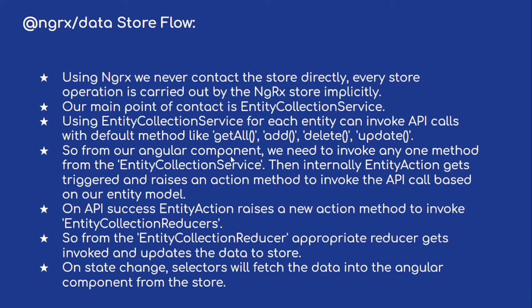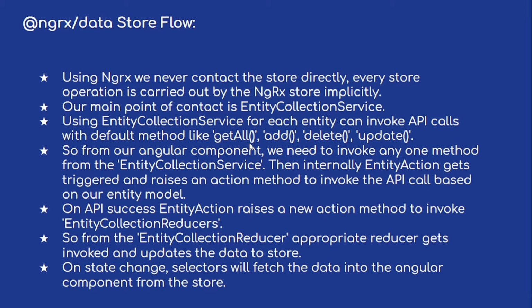So from our Angular component, we need to invoke any one of these predefined methods from the entity collection service. Then internally an entity action gets invoked. From this point, our flow will be so. In my component, I will inject the entity collection service and call something like the getAll method.